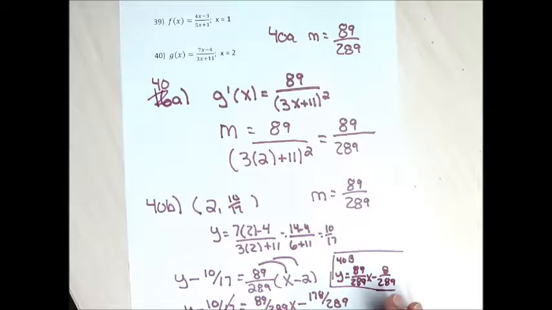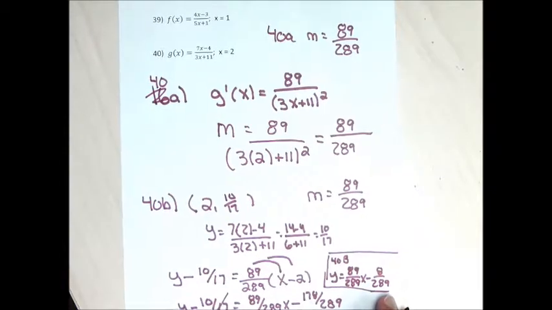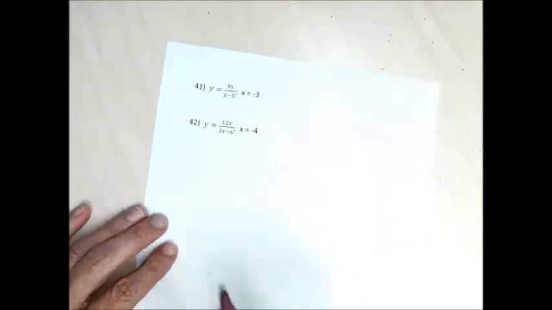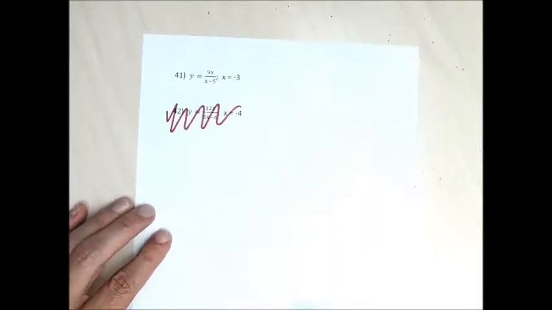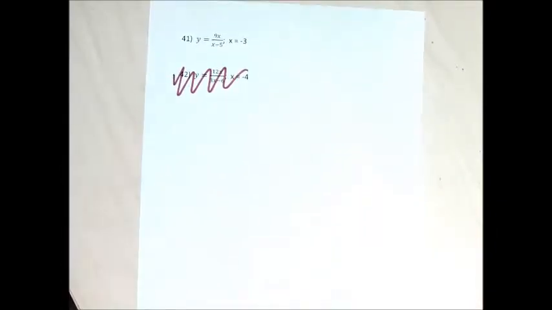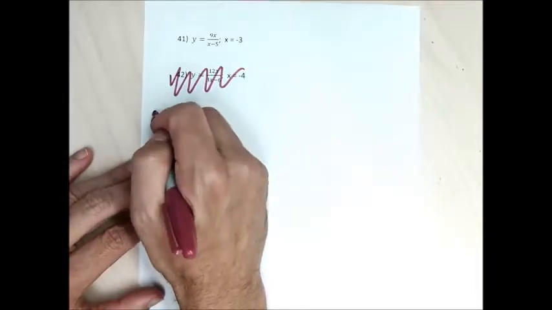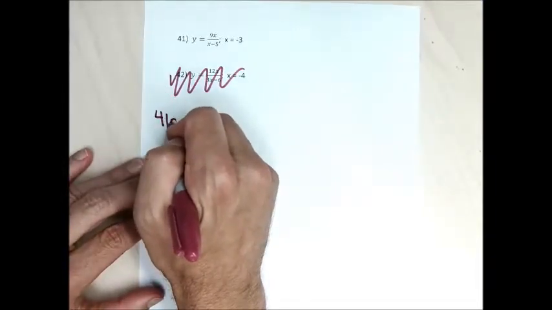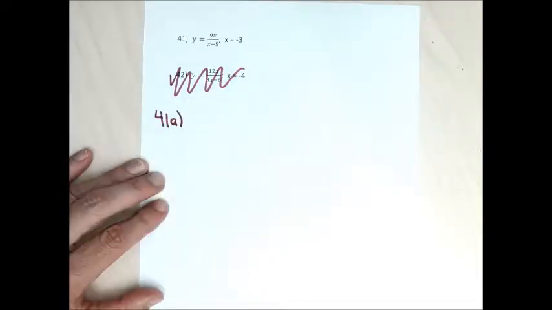And we just have one more problem to do, and maybe I'll do 41 and not do 42 just so you can, if you need the help, get it. So last problem in this section, I'm going to do part A. I don't think I did that derivative, so I'm just going to find the derivative. So for part A of 41, I need to find the slope of the tangent line, which means I need to know the derivative.